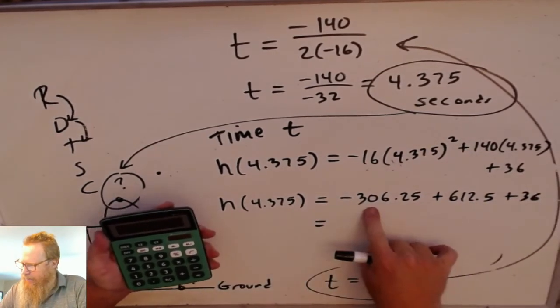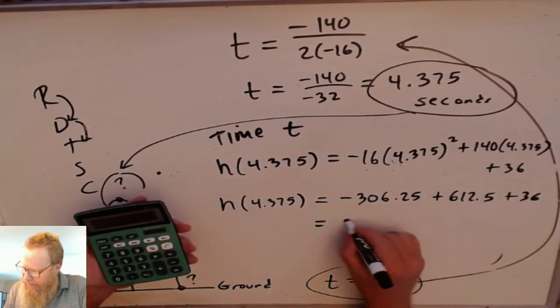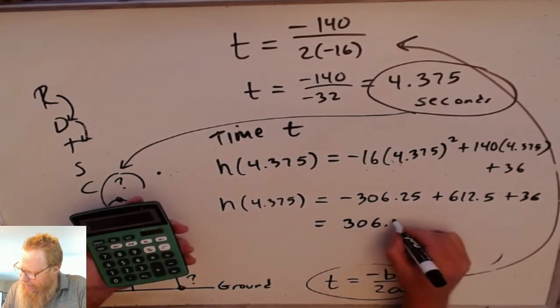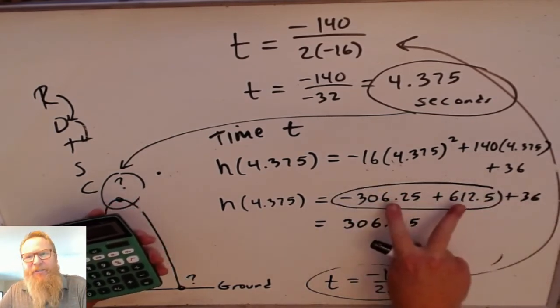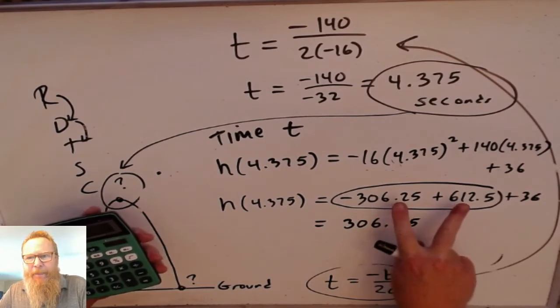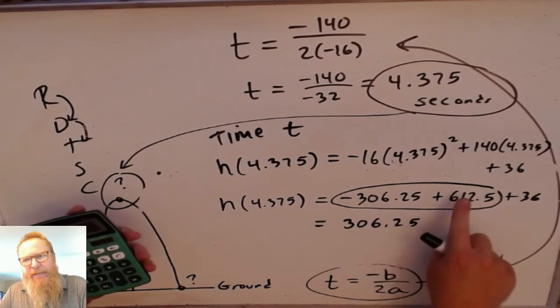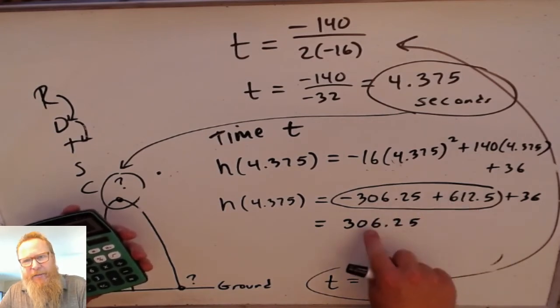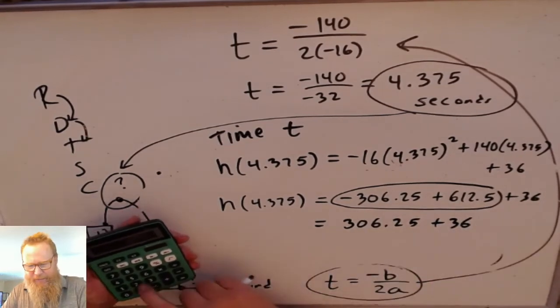So I got negative 306.25 plus 612.5. That just becomes positive. You might notice that these guys are always half of each other. I don't know if that's always true, but they are in this case. That's double of that. So it's just going to go back to that, plus 36.